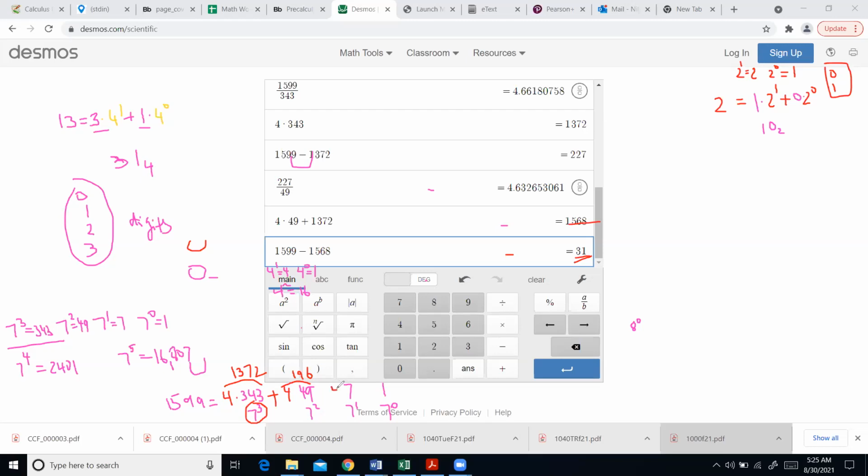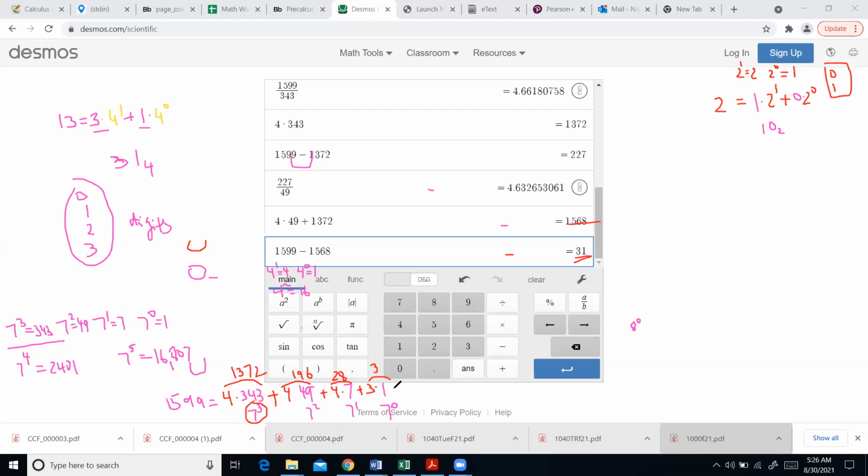So if I go 7 times 4, which is 28 here. And once I try to fit 28 into 31, looks like it goes 4 times, right? And then when I subtract this 28 from 31, what remains will be 3, right? So what remains will be 3. And this means that I just go 3 times 1, because that's 7 to the 0.